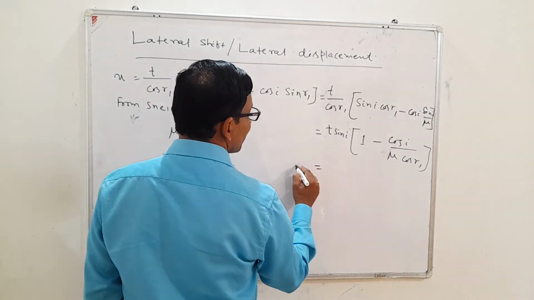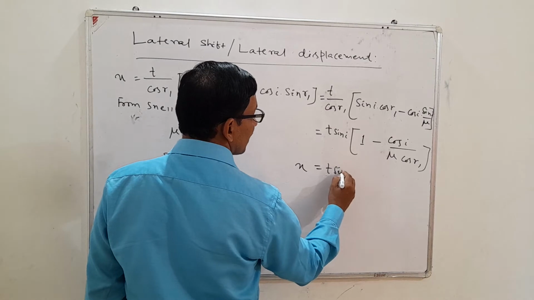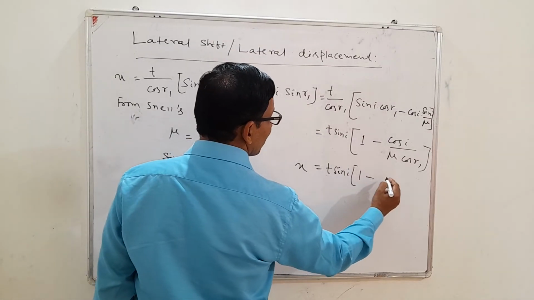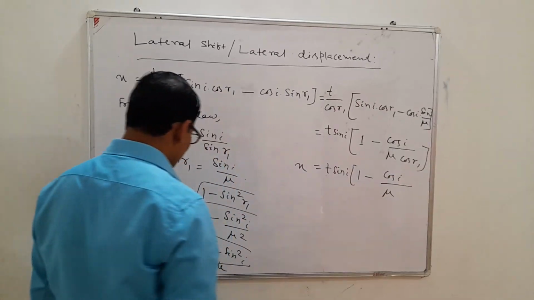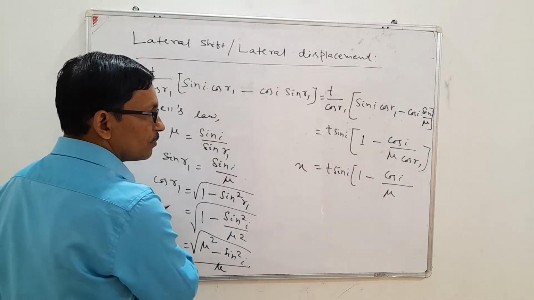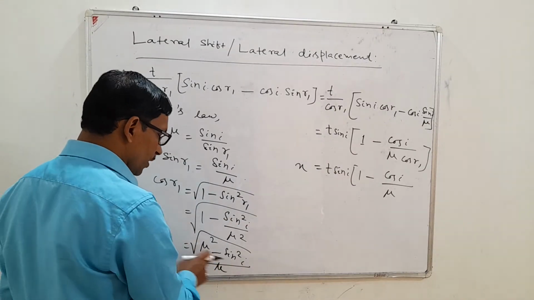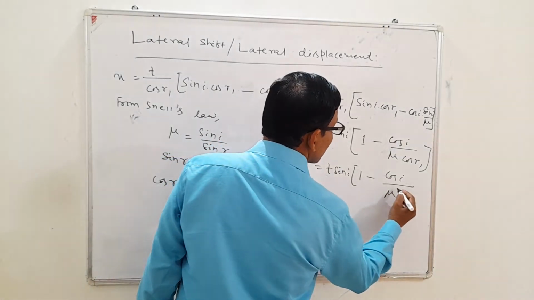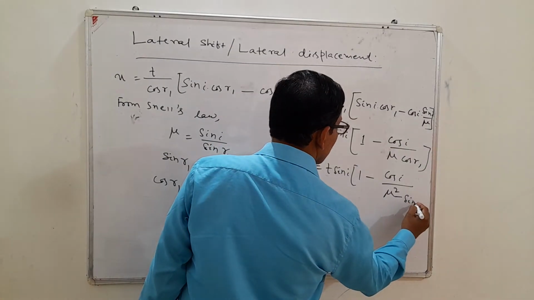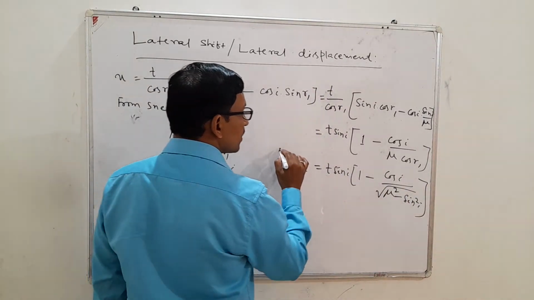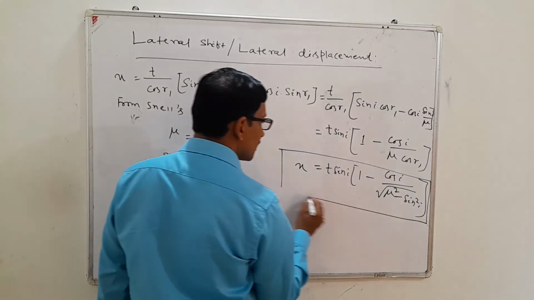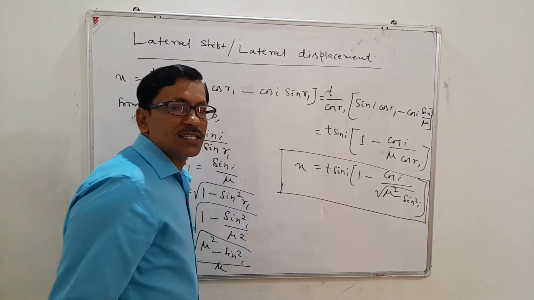So X is equal to t sin I times 1 minus cos I divided by mu cos R1, and mu cos R1 directly is the square root of mu square minus sin square I. So this is another expression for the lateral shift or lateral displacement.